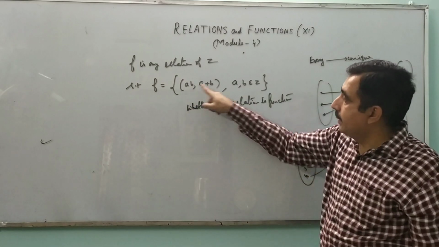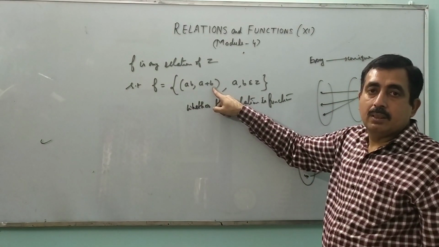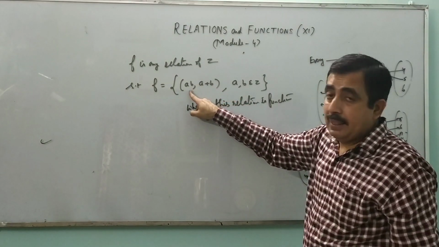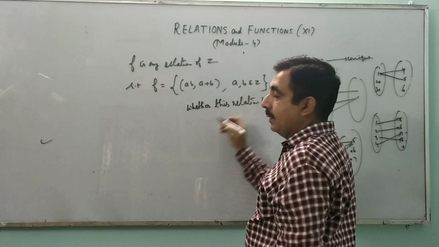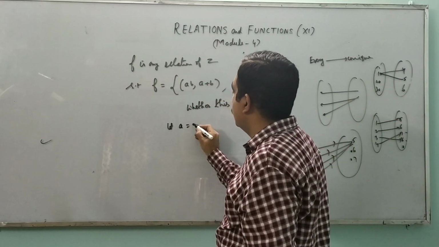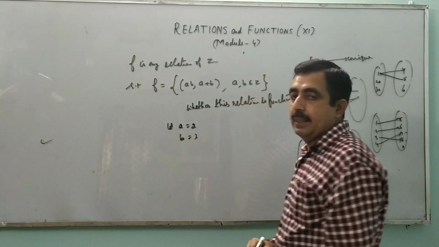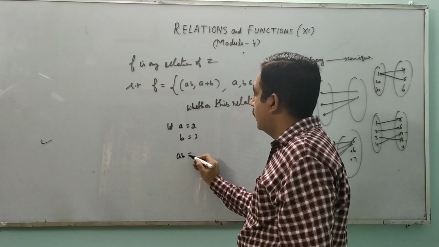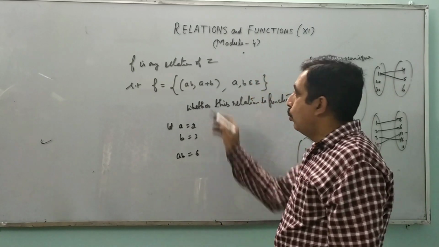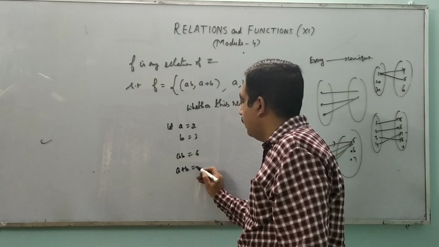This is the domain and this is the range. So in the domain it is the product and in the range it is the sum. Let us take two numbers. Let a is 2, b is 3. What is the product? Product is 6. What is the sum? Sum is 5.